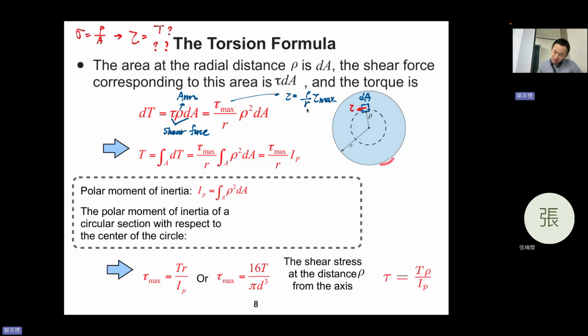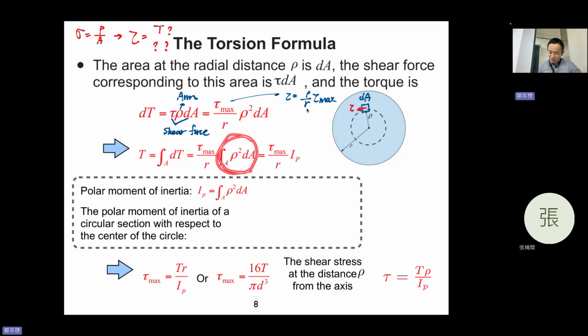How about the entire area? We just do the area integration. The total torque equals the area integration of dT. Doing that, we found that this is ugly: rho squared dA, the area integration. So we convert it and call it IP.